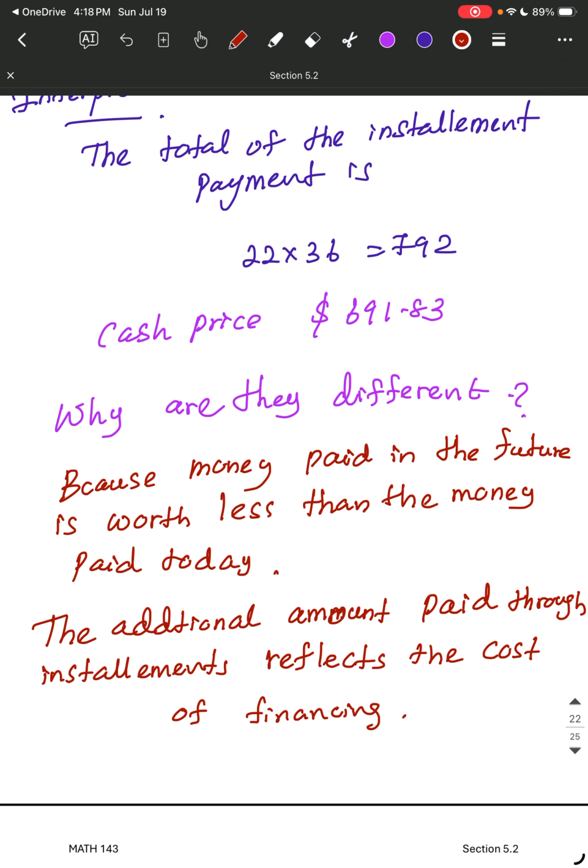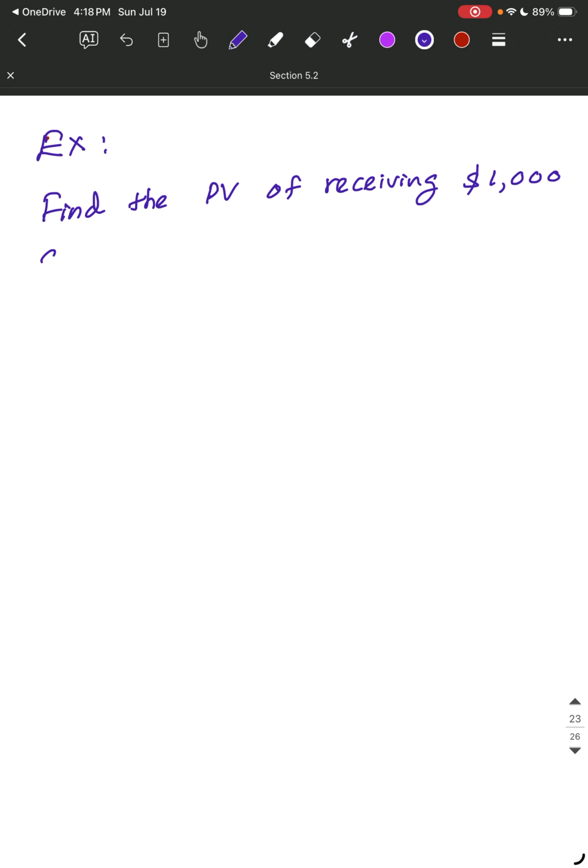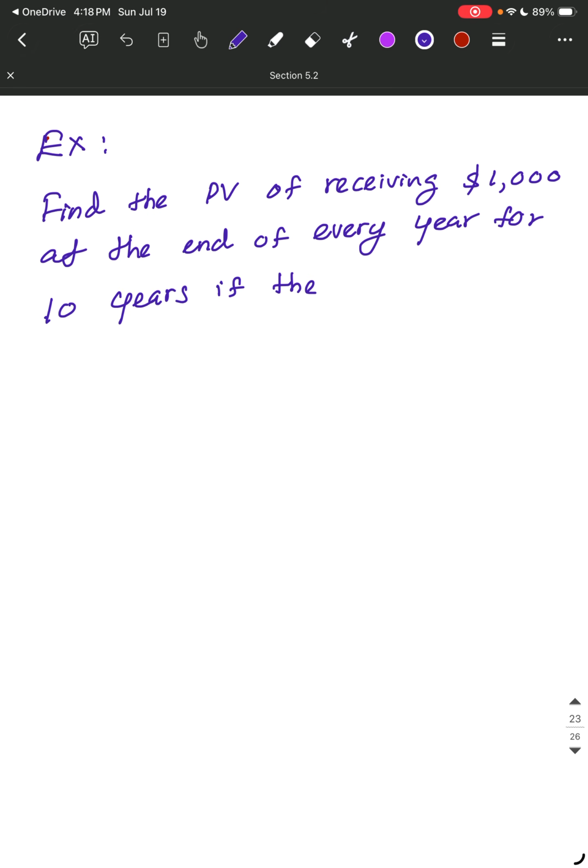Example: find the present value of receiving $1,000 at the end of every year for 10 years if the interest rate is 6% annually.